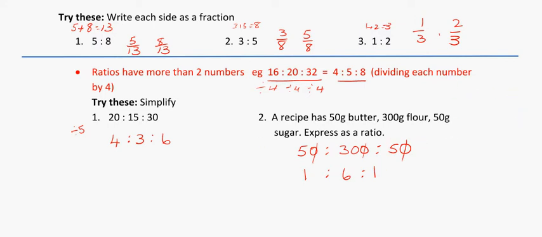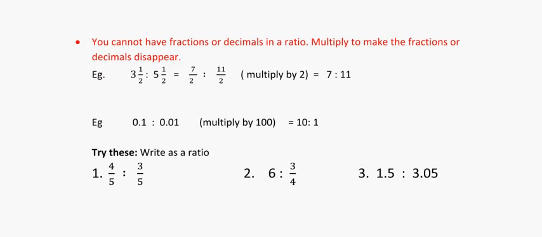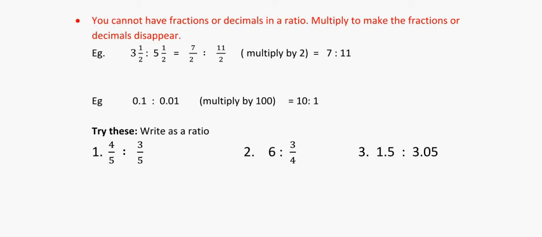Let's see if we've got some more rules. You cannot have fractions or decimals in a ratio. So if there's a fraction or a decimal in it, you have to multiply by something to make them disappear. So if we have 3.5 to 5.5, change it to an improper fraction first.